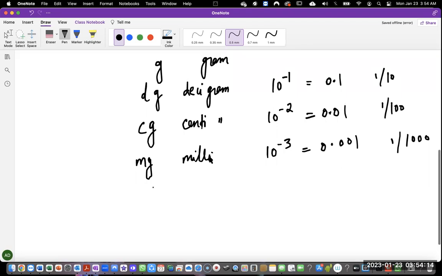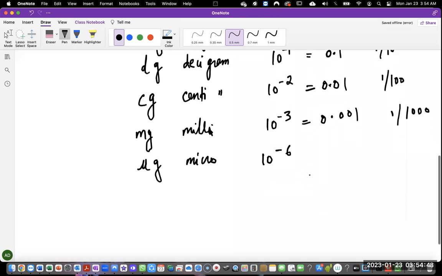Now what's smaller than milli? You get this mu, which is like a u, and this here is 10 to the power of -6. So this is micrograms, and micro means 10 to the power -6. Now this is quite a bit smaller. This is a millionth, right?